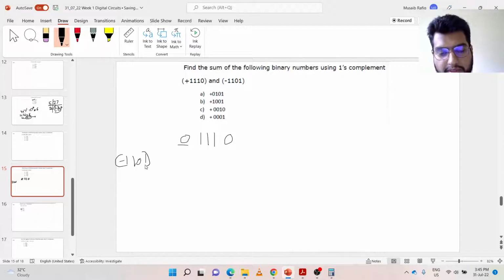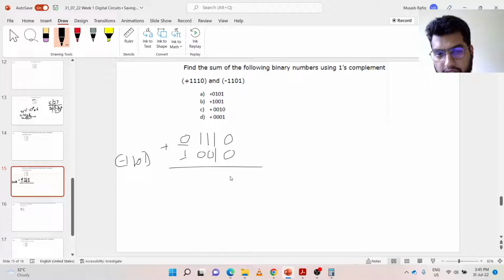Ones complement is basically changing ones to zeros and zeros to ones. So the ones complement of 1, 1, 0, 1 will be 0, 0, 1, 0, and the sign bit is represented by 1.